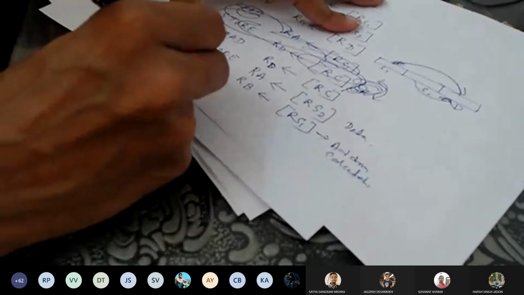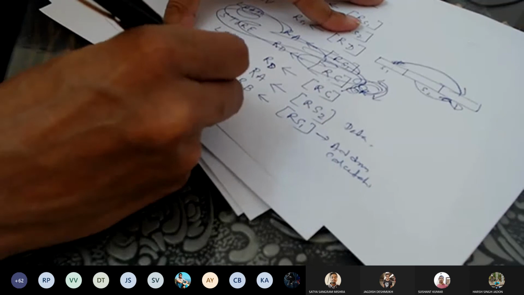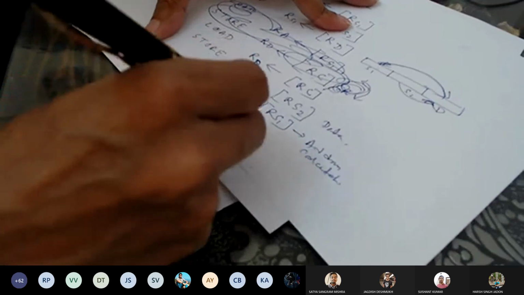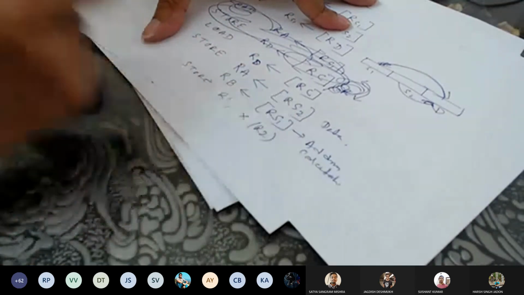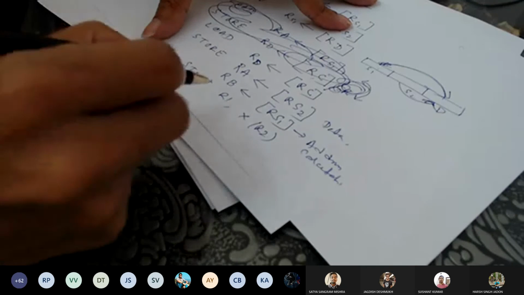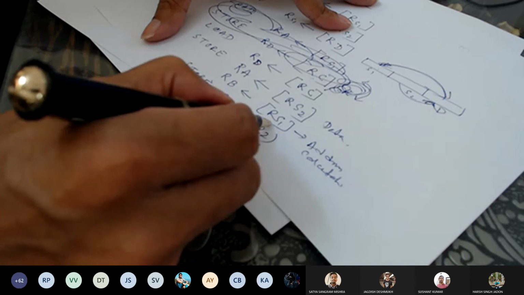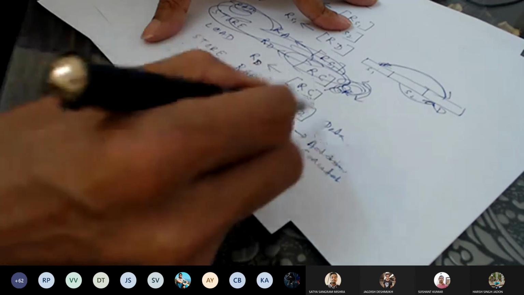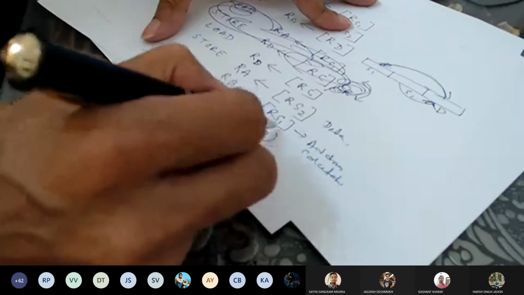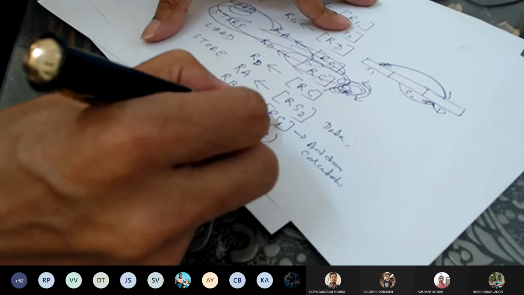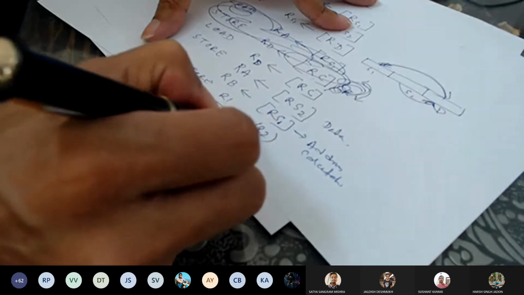What is the format of store? Store R1, X(R2). Okay, so you need to read R1 as well as R2. My convention here is that R2 is assumed to be S1.